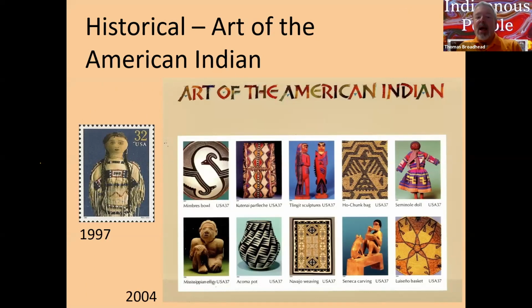More recently, we have had other additional artwork, including a basket, or actually 2 baskets, that appeared in the sheetlet, The Art of the American Indian. And I will point out to you that the oldest artifact on this sheet in the lower left says Mississippian effigy.